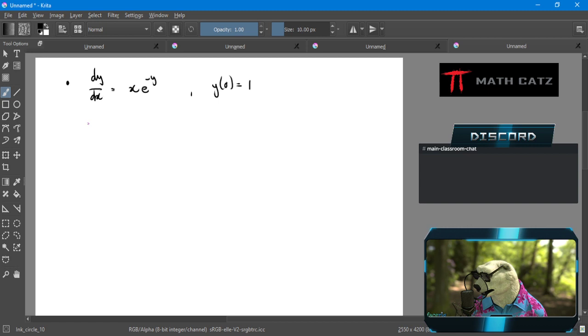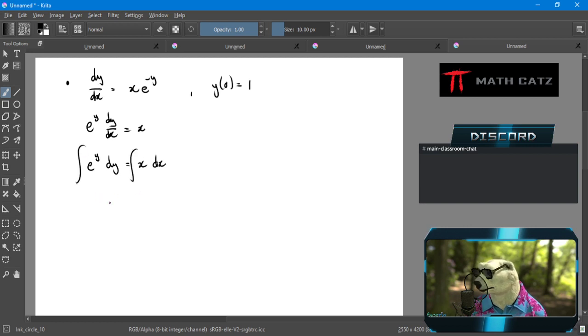So I move all the y-related things to the left. So it'll be e to the y dy dx equals x. Then I separate the differentials as well to have e to the y dy equals x dx.